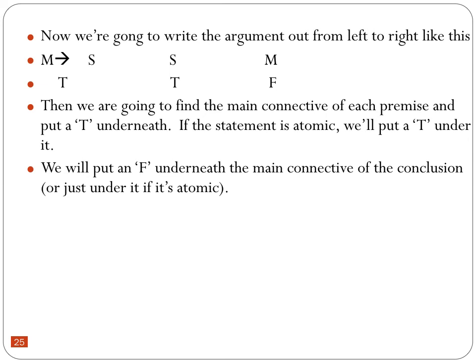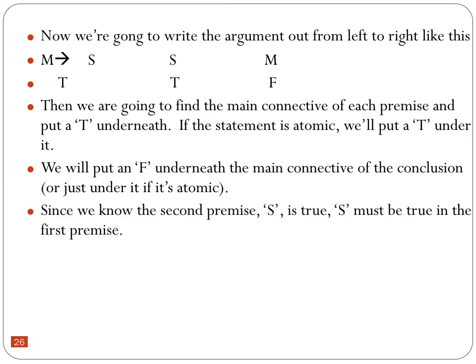Well, we need to be consistent with our letters, and we need to make sure that the logic of the connectives or the operators works. Since S is true in the second premise, it's got to be true in the first premise. So that T should be a little bit more directly under the S. I apologize there.